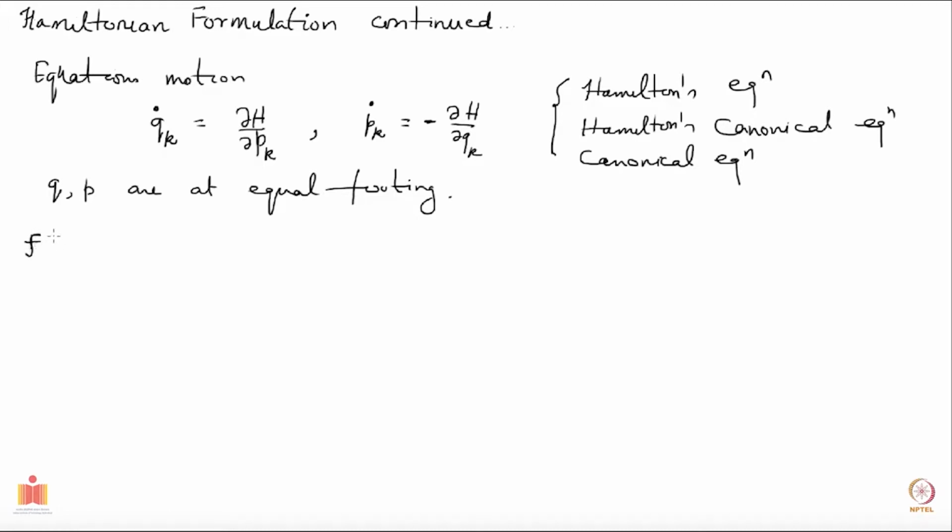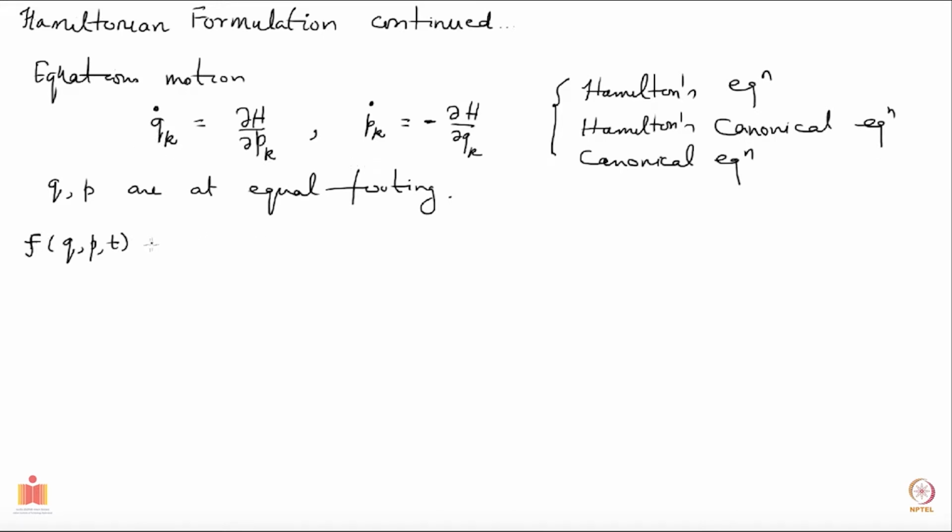We ask how this function will evolve with time. Its time evolution will be governed by the time evolution of q and p, and of course the explicit time dependence, and these are in turn determined by the canonical equations.